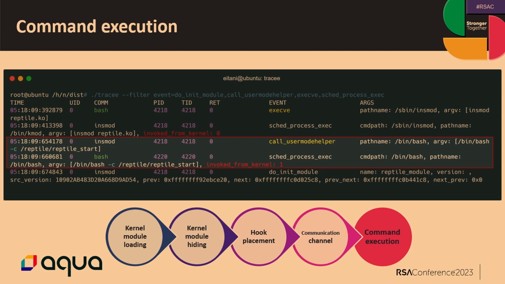After it, we can see that it called sched_process_exec, whose invoked_from_kernel flag is 1, meaning this process execution was performed from the kernel, which is suspicious activity. There are some legitimate usages, mostly for memory dump purposes, but this is definitely suspicious and doesn't happen really often.